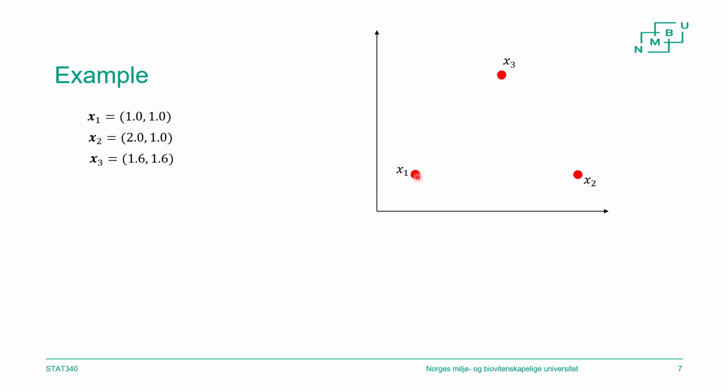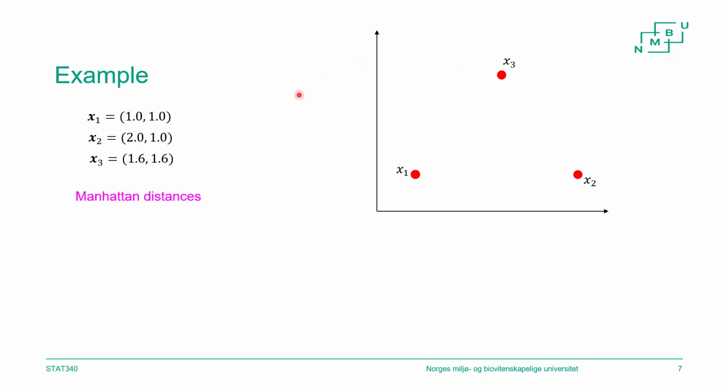So this here is 1, here is 2, and here is 1.6. That's 1, 1.6, 2. And if you go to the second coordinate, x1 has 1 here, x2 is also 1, but this one is 1.6.